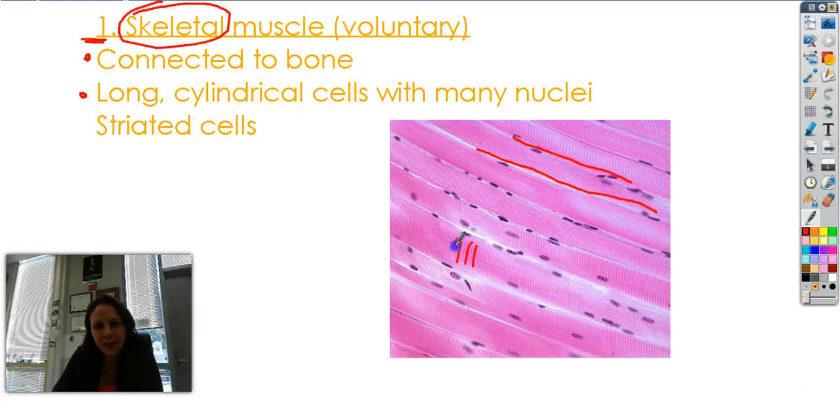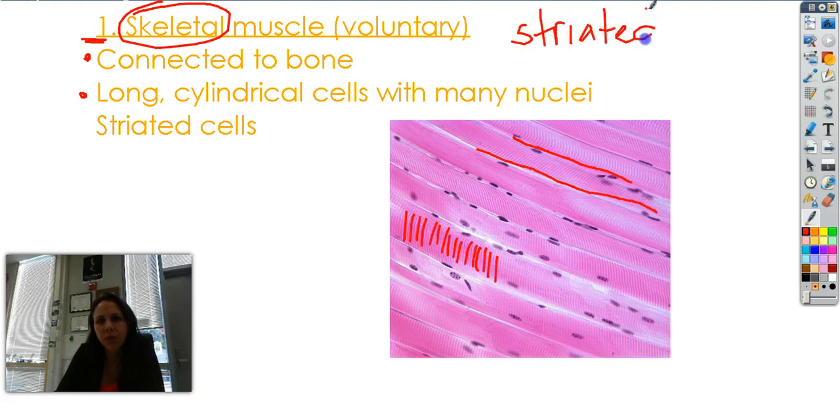You can see this banding pattern on it is something that's very common for skeletal muscle. The striping is what also gives it the name striated muscle.